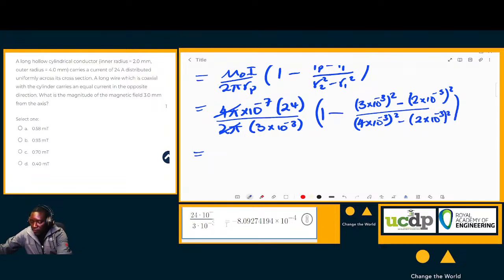So we have that first part. Let me just check the last part which I was correcting. This one, squared. And that one, squared.